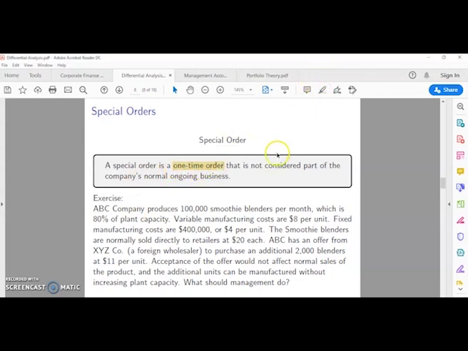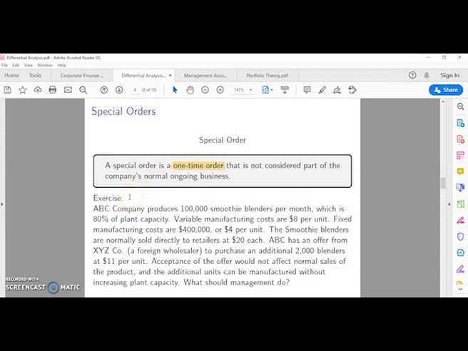So you may get this order only once and it is not considered part of the company's normal ongoing business. Therefore, you may receive different orders as part of the normal business that you are having, but it can happen that once you have a very specific and different order for your product. So let's go through this exercise.